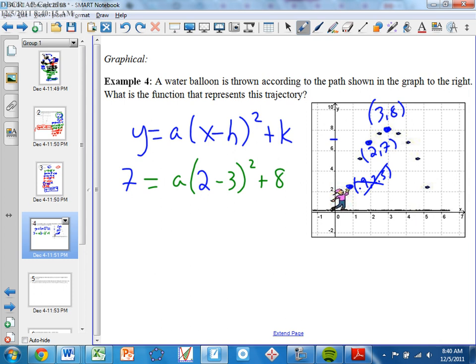For those of you that have been trying to do it all in one step, that's what your equation should look like if you plug it all in at the same time.